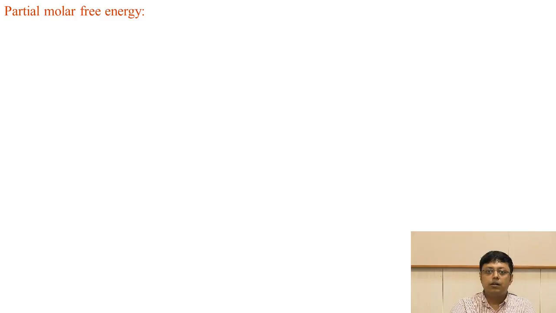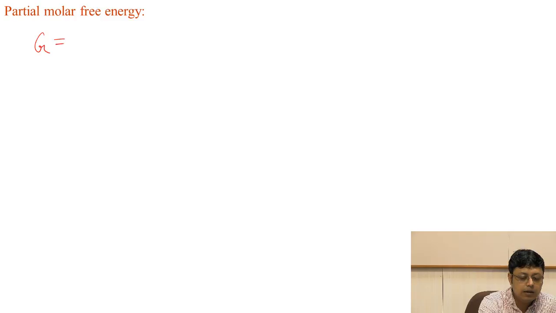Can it be written not only in terms of the Gibbs free energy, but also in terms of other thermodynamic parameters, for example internal energy, enthalpy or Helmholtz free energy? Now you can easily figure that out, because we already defined chemical potential in terms of Gibbs free energy. Now Gibbs free energy is nothing but H minus TS, and H is nothing but U plus PV.